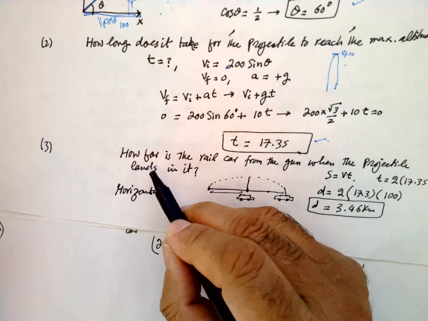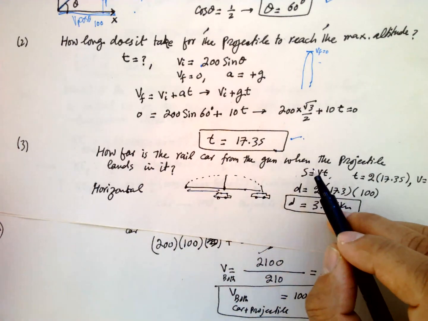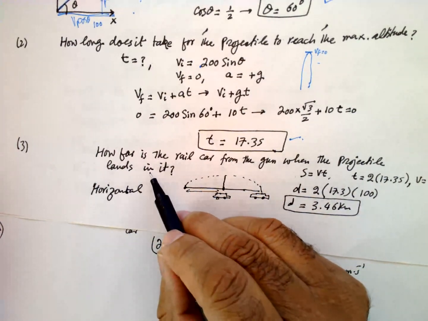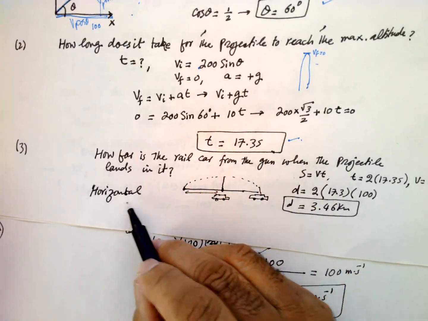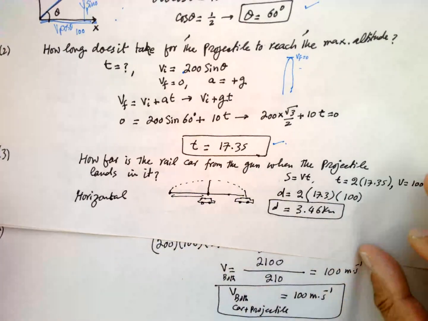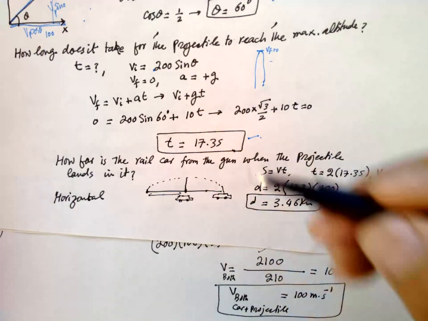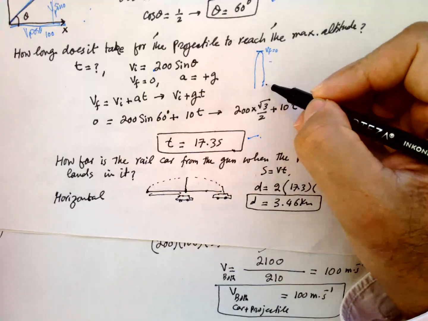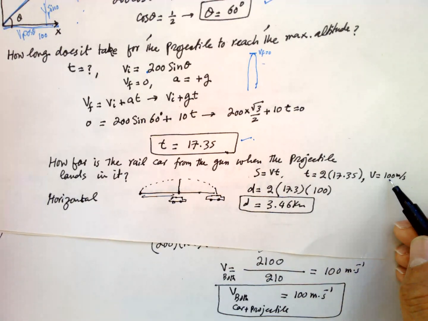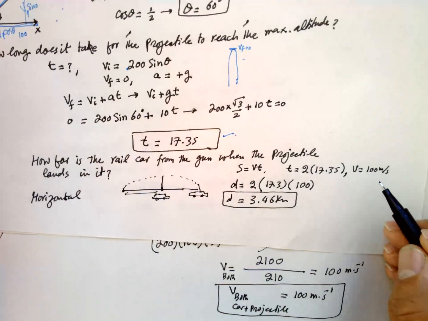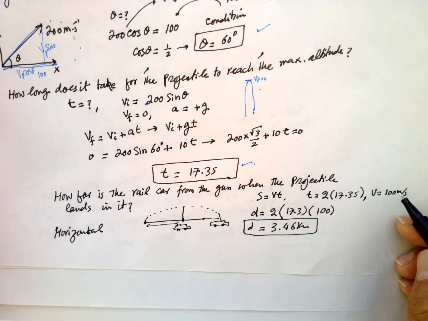Question number 3. How far is the rail car from the gun when the projectile lands in it? So we have to find the distance. Horizontal distance, so S is equal to Vt, where t is double the time, since it goes up and comes back, and the speed of the rail car is 100 meters per second.